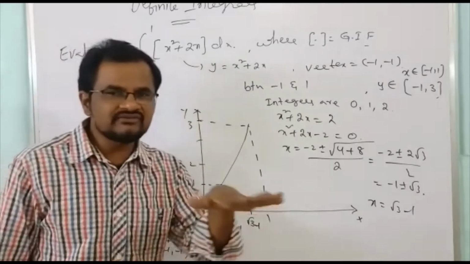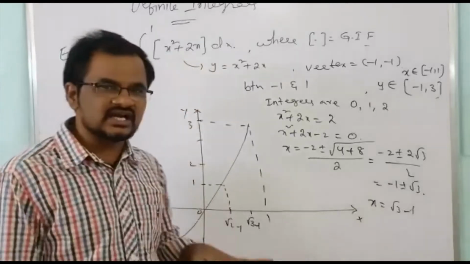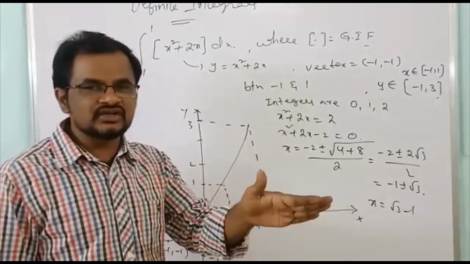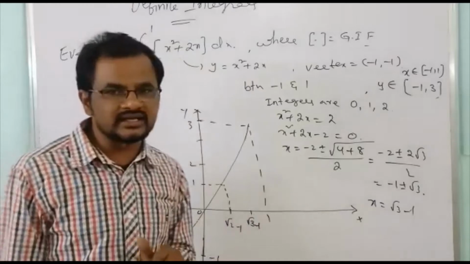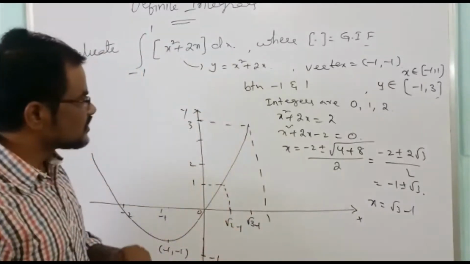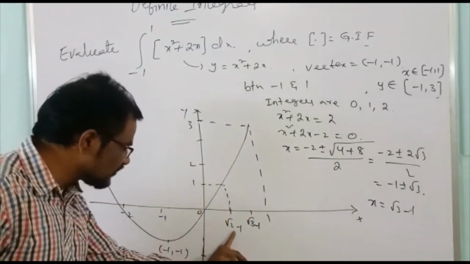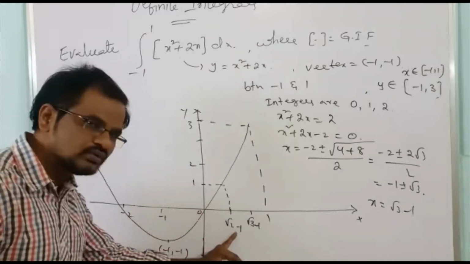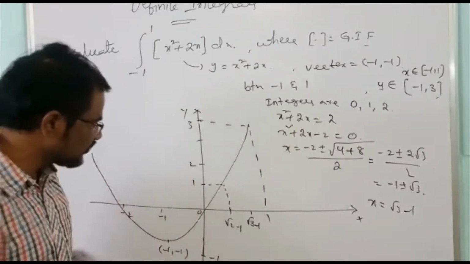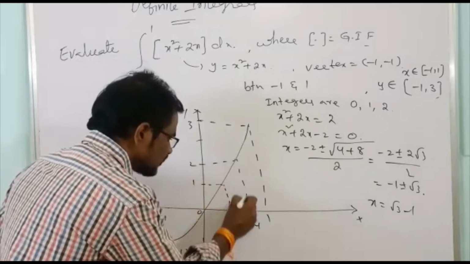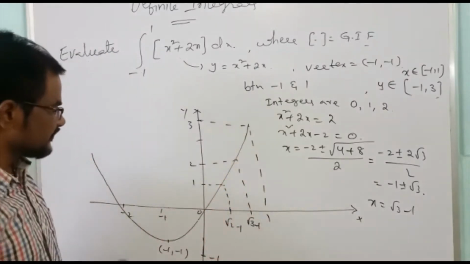Because at every integer, the greatest integer function is discontinuous. At every discontinuous point we have to break the integral. So at x equal to -2, y equal to 1, x equal to root 2 minus 1, y equal to 2, x value is root 3 minus 1, right?